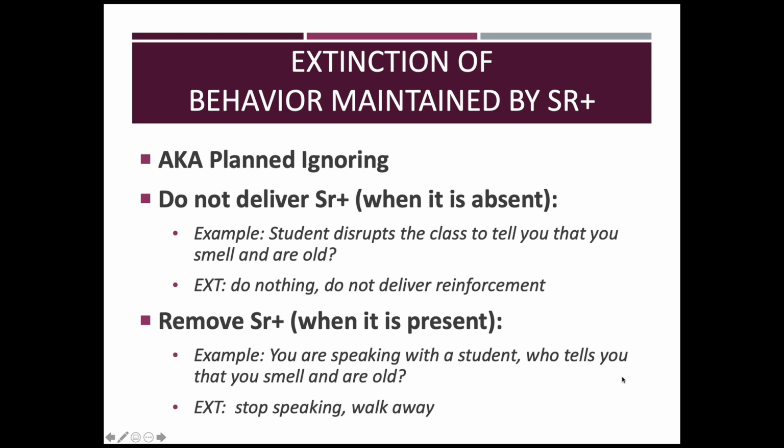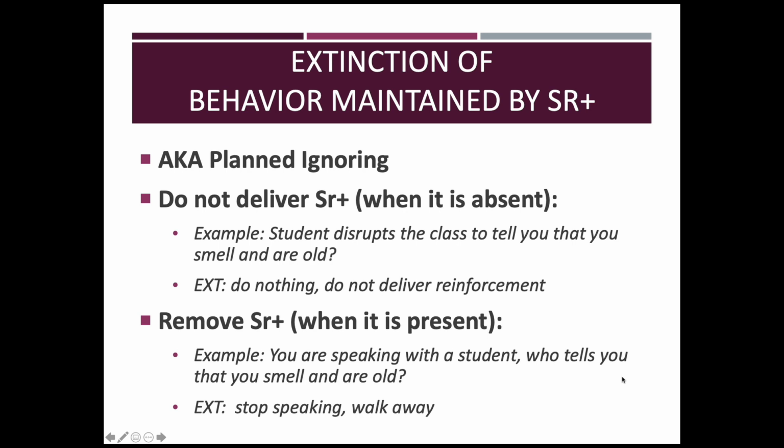So whether you call it extinction or planned ignoring, probably irrelevant, but it's an extinction-based procedure. So if we consider what can happen when problem behavior is occurring, how we as a therapist or any individual will withhold reinforcement depends on whether or not the reinforcer is absent versus present.